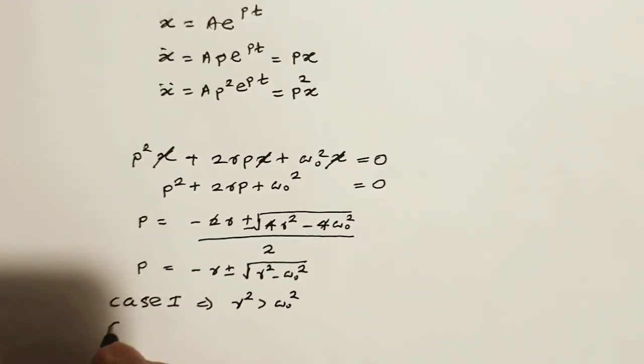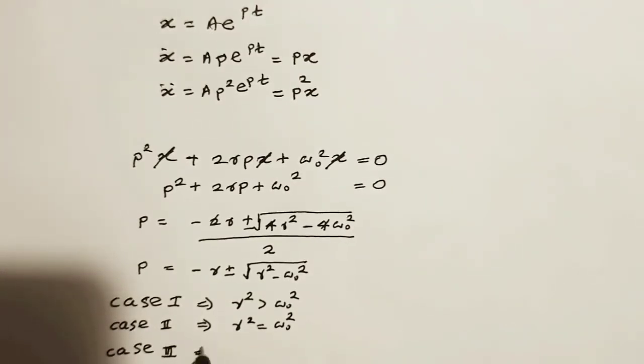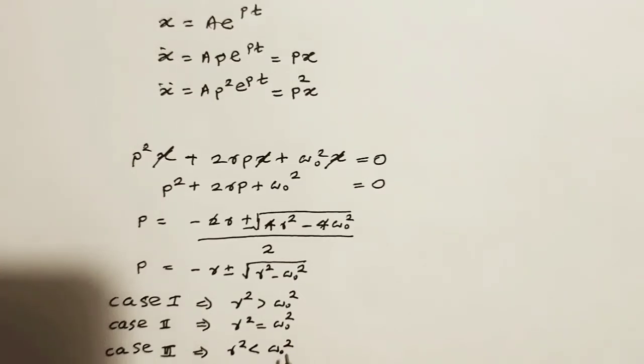In the second case, we take gamma squared equal to omega naught squared, and in the third case, we would take that gamma squared is less than omega naught squared. So these are the three cases in order to solve the equations.